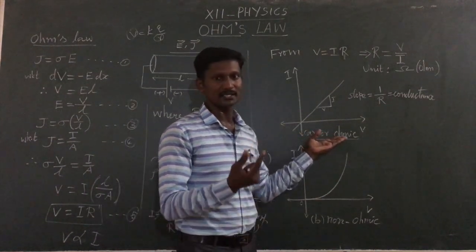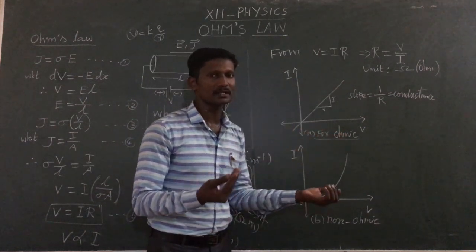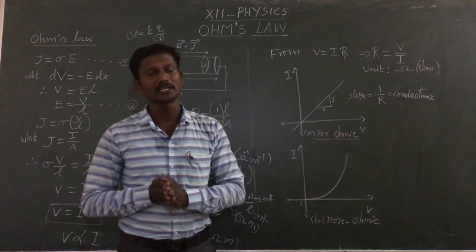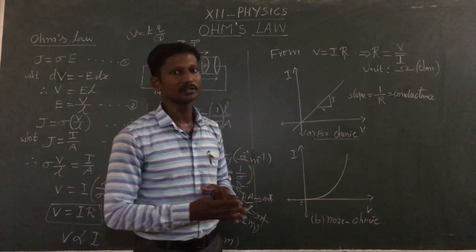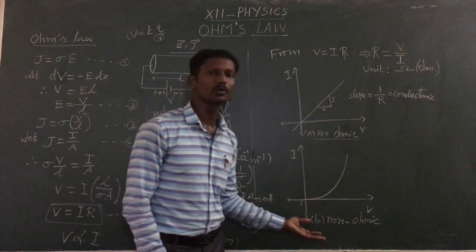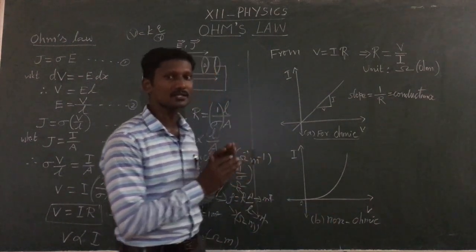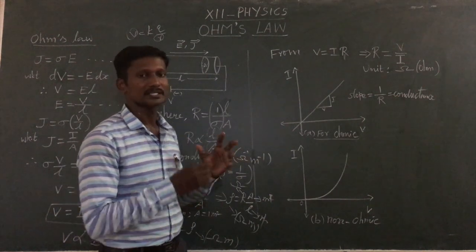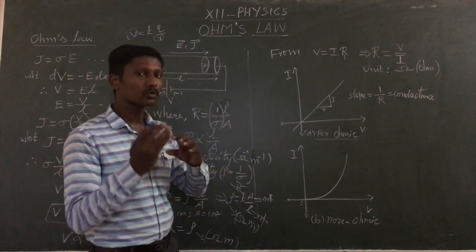For example, a resistor obeys Ohm's law, but some materials don't obey Ohm's law. In the ninth unit, in the second volume, we will discuss non-ohmic devices, that is electronic devices. Here we are discussing electrical devices. Electronic devices like diode, transistor, amplifier are non-ohmic devices.